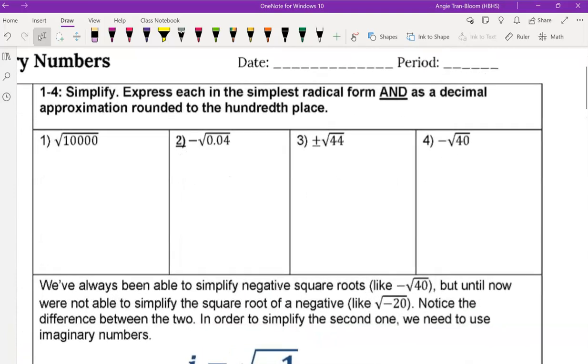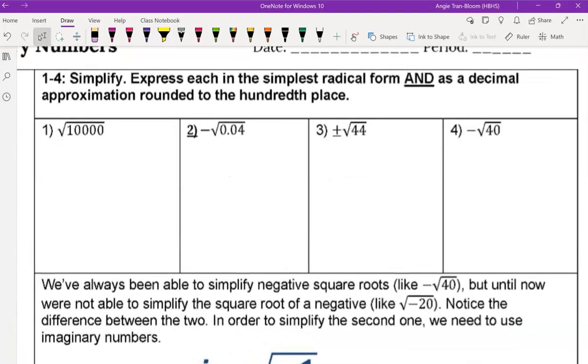Now that you guys know how it works, let's try examples 1 to 4. It said simplify. Express each in the simplest radical form and decimal approximation, round to the nearest hundredths place. Okay, so that's 2 decimal places. So we have a square root here of 10,000. 10,000 is going to be 100 times 100.